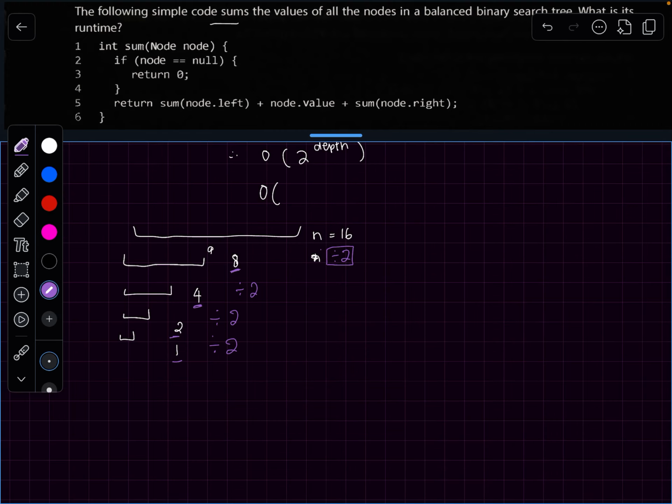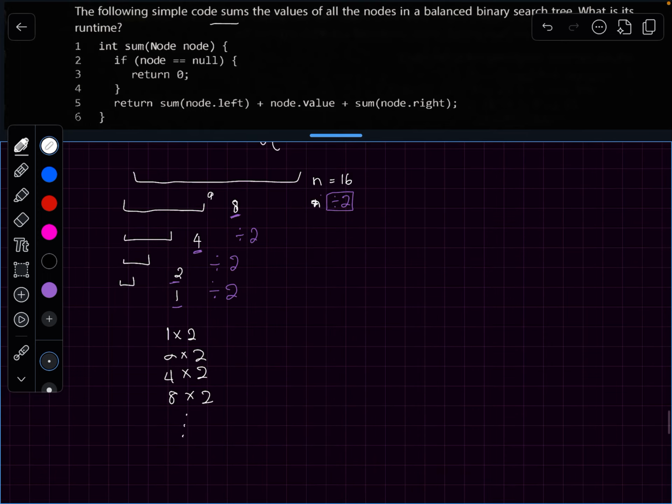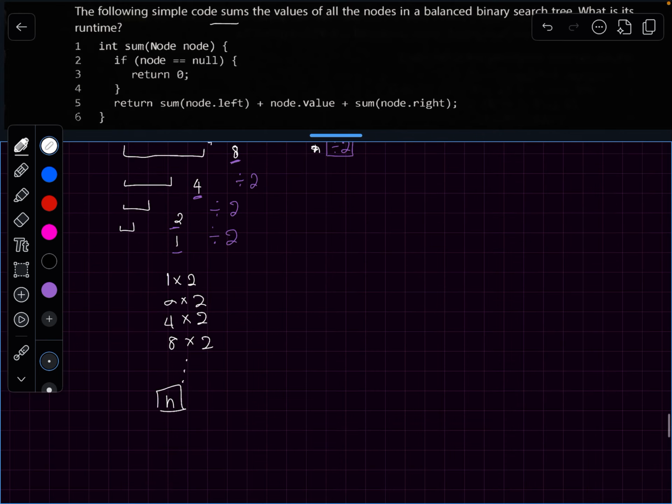So we start at 1, and we're going to be multiplying it until we get to n. So it'd be 1 times 2, 2 times 2, 4 times 2, 8 times 2, and so on and so forth, until we get n, which we're not really given.